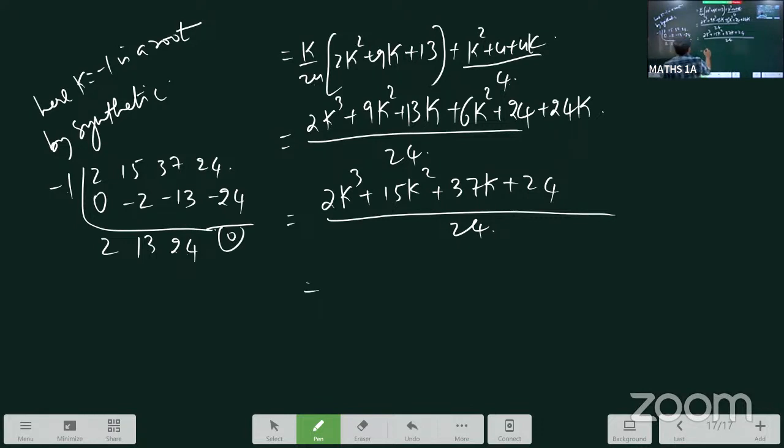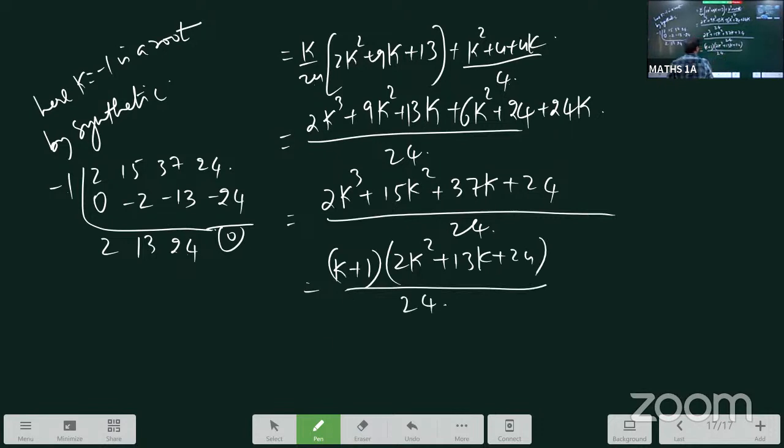Right. Now, k equal to −1 means k plus 1 is a factor, into, now this is the second degree, with coefficients 2k square plus 13k plus 24, by 24. Now k plus 1 by 24 is okay.